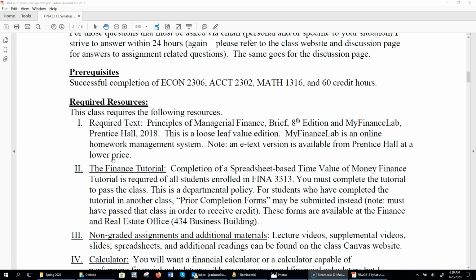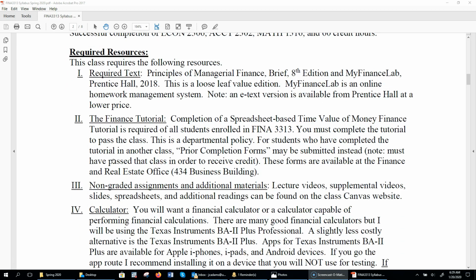All right, let's get down to a couple of things here. The required text is an e-text. There's also a loose leaf value edition, but when you register for My Finance Lab, when you go into Canvas, on the menu on the left hand side, there's a My Lab and Mastering. You can click on there and then you can register for the My Lab Finance. It's also called My Finance Lab. Both terms mean the same thing.